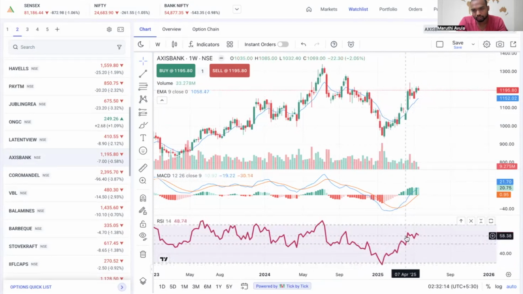Then the bull run started in a similar way. But here you can see the MACD line crossed later, so that difference is there. If these two match, that will be safer, but still it is going in a good way.